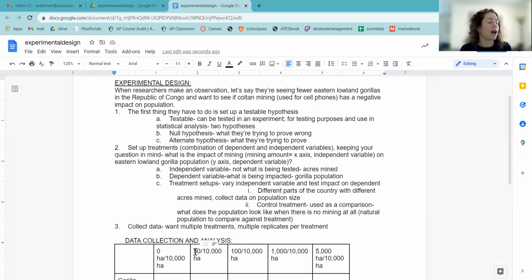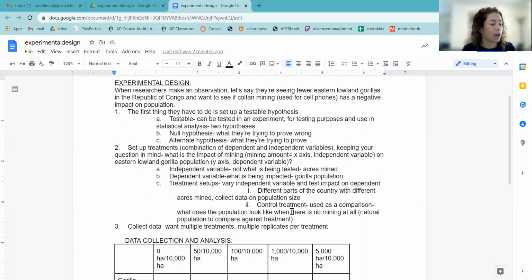So if you look here, maybe we have 50 acres out of 10,000 or 100 out of 10,000, and we have maybe like 5 to 10 of those areas that we're collecting data from for each. That's called a replicate, and we want multiples of those. And what that does is it captures some of the natural variation that we see. And then we can get an average, and the average is what we're going to end up graphing. And I'll talk to you more about that when we do data collection and analysis in the next video.